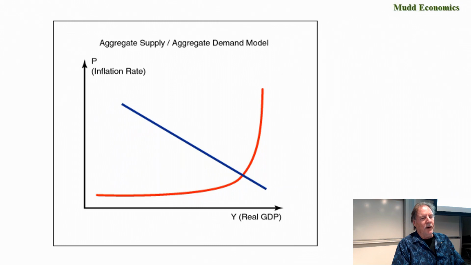And it is meant to represent the national economy as one giant factory, essentially producing a single good called gross domestic product. And so the output of this model is GDP as measured in real terms and the price trade-off is in the inflation rate rather than the general price level.